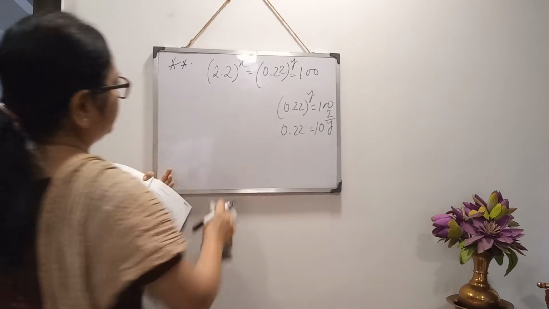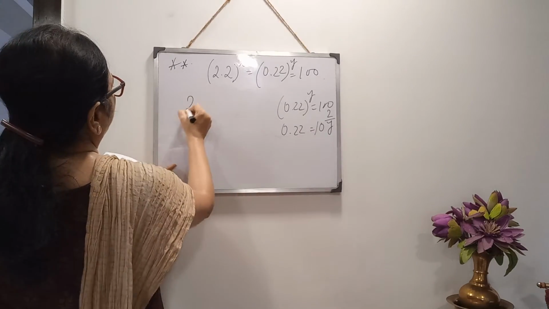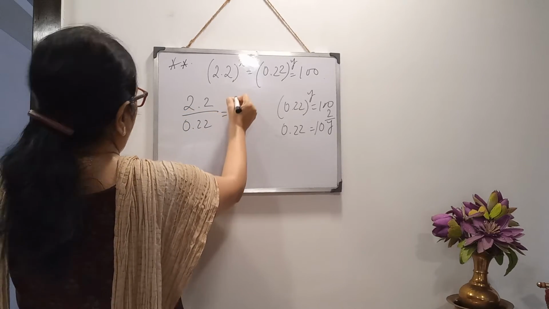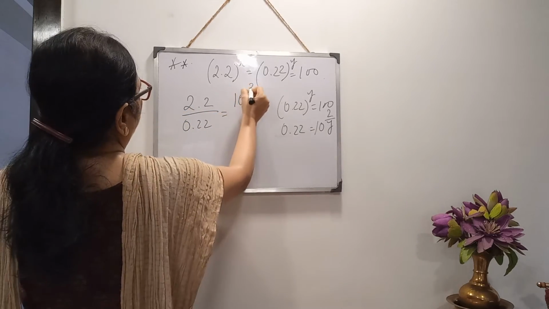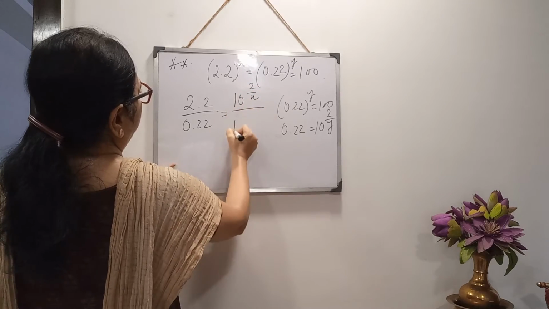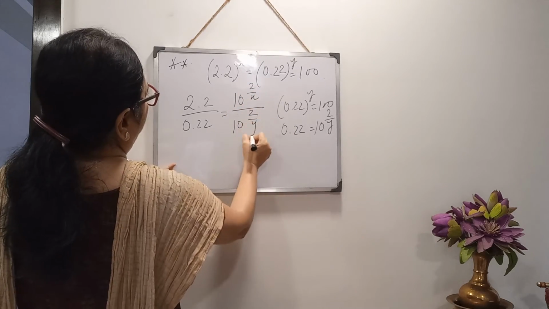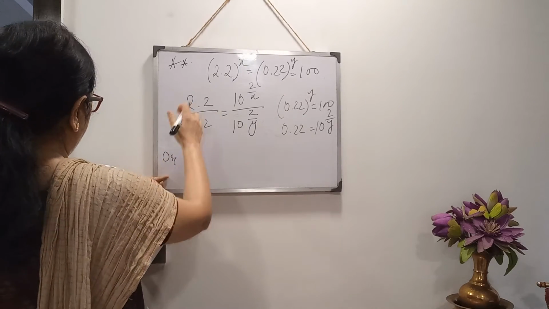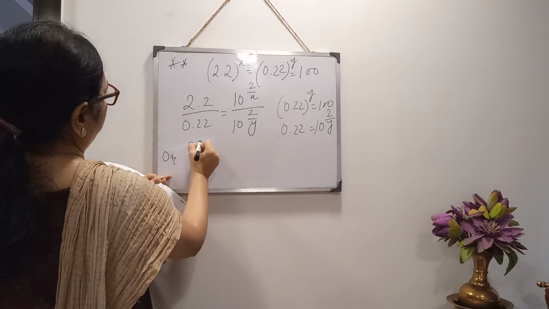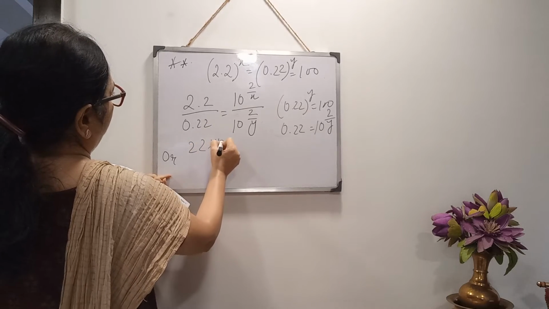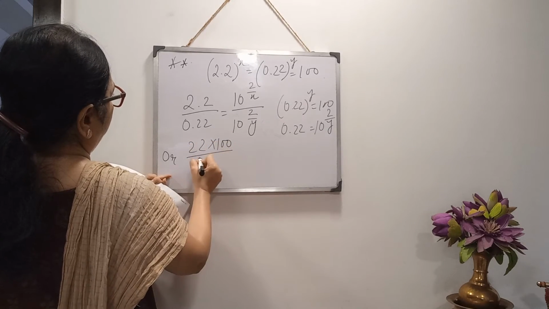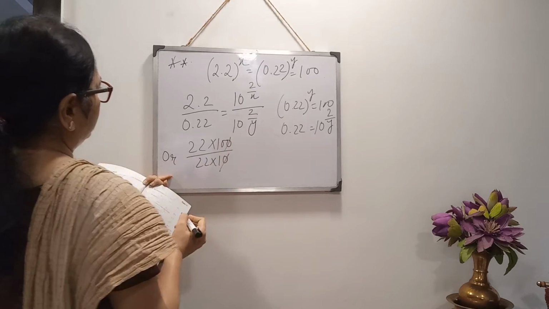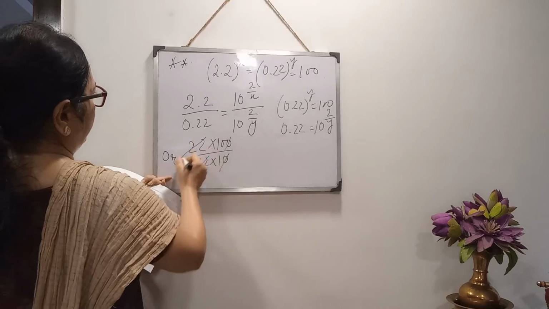So 2.2 divided by 0.22 equals 10 to the power 2 by x divided by 10 to the power 2 by y. If you remove the decimal, it is 200 by 2 into 10, so it is coming 10.